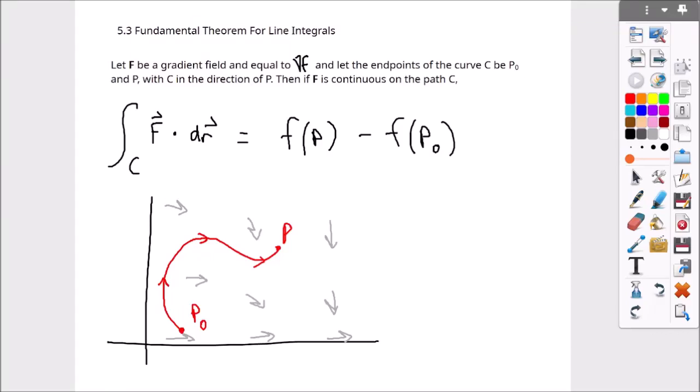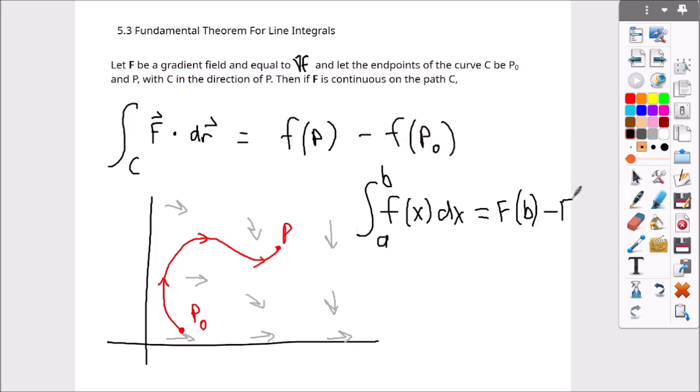Welcome to lesson 5.3. This is the fundamental theorem of line integrals. If you remember, the fundamental theorem of calculus says that if you take the integral of a function f of x dx from a to b, then you will get the primitive of b minus the primitive of a.